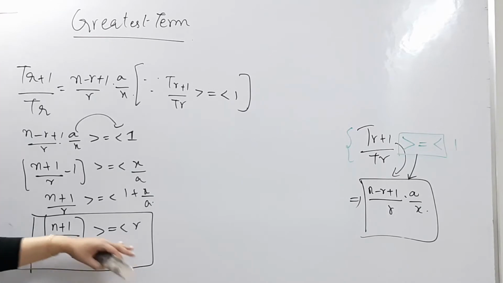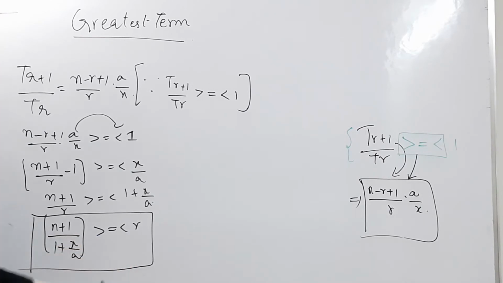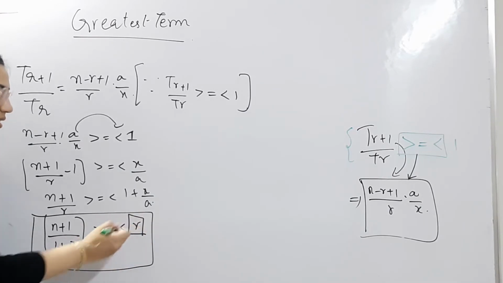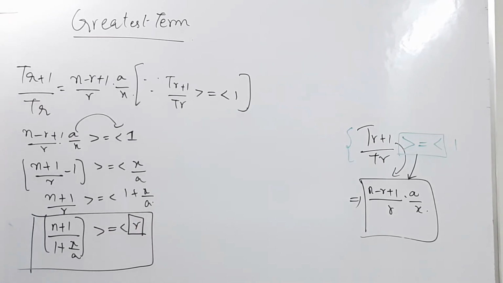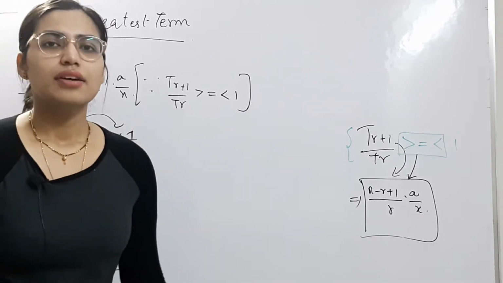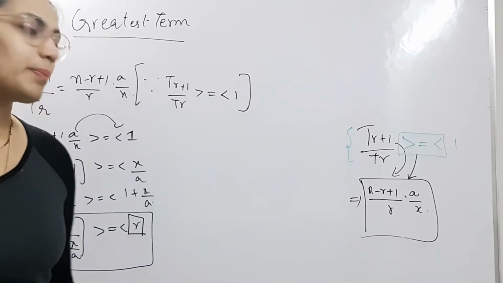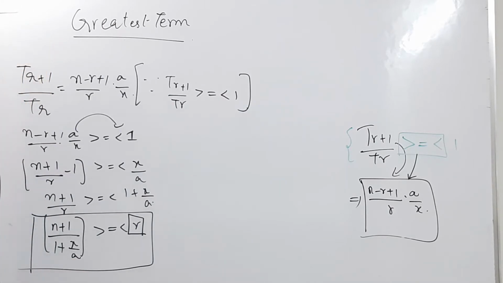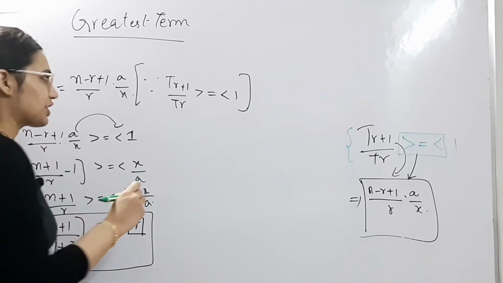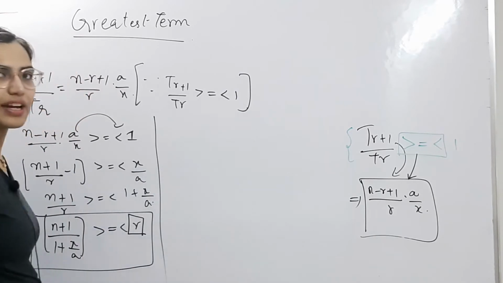Right. So what happens now is this r here is the greatest term that we get. But in order to find out this value (n+1)/(1+x/a), you need to understand a few things. If you divide any number, for a fact, there are 2 possibilities.